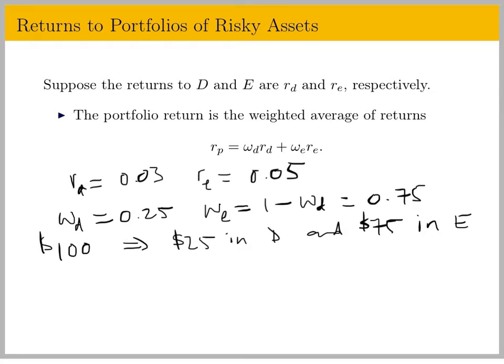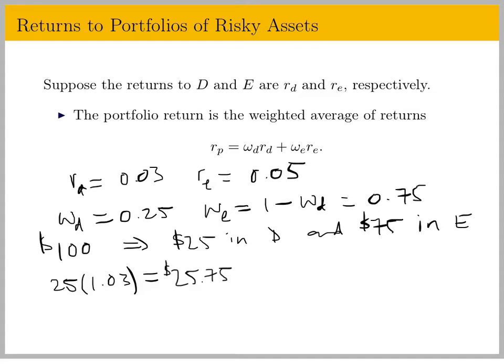What is my overall return going to be? Well, given that I have $25 in D, I know that that's going to be $25 times 1.03 next period. Let's say that these returns are for a month. So if I put my $25 in the debt asset for a month, it's going to turn into $25.75.